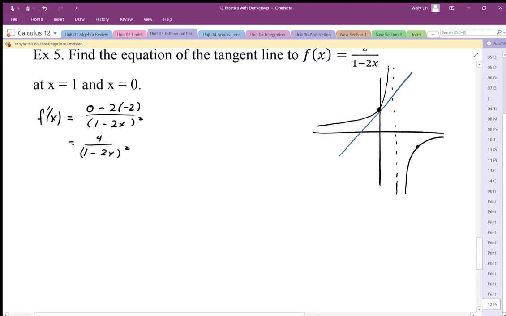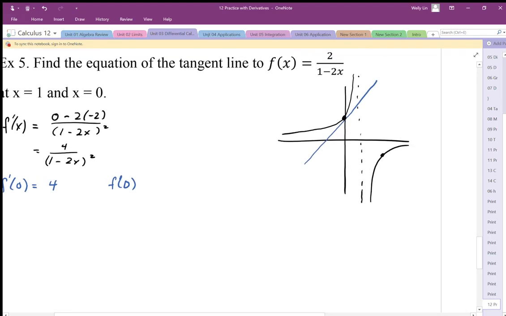I'm going to use that derivative function to calculate a slope value. The slope value at x equals 0: when I plug 0 into my slope function, I get a slope of 4. And the y value at 0, when I plug 0 into the original equation, I end up with y equals 2.